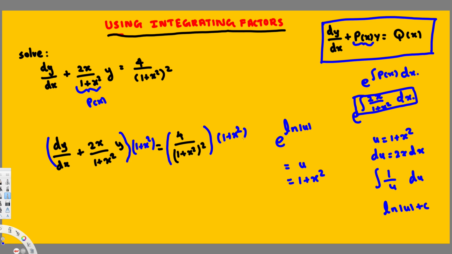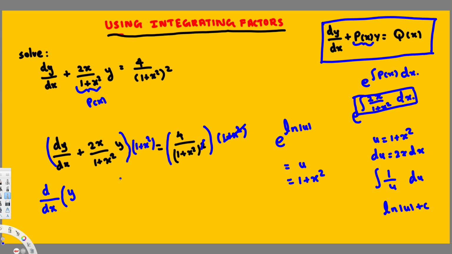Here we have the same thing, so we can cancel the square with this one, and on the other side this one is going to cancel. On the left we are going to have d over dx, and I separate this y because it will be useful: I put the d outside, and y times 1 plus x square.